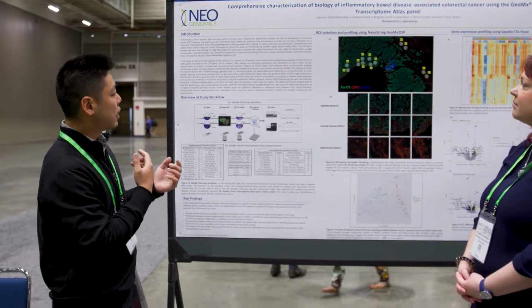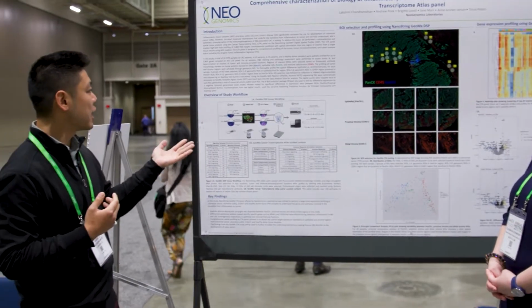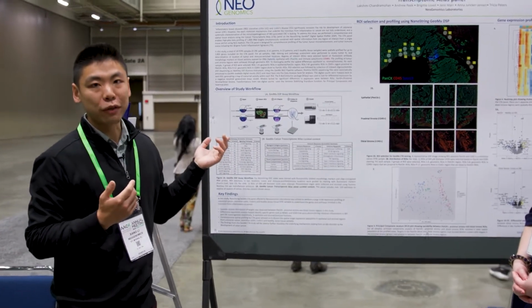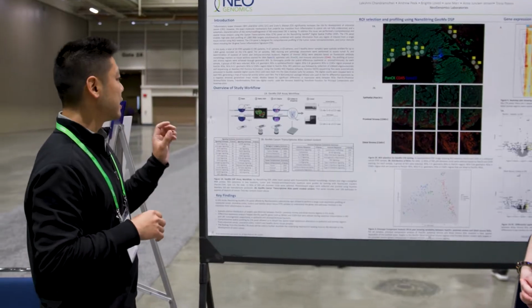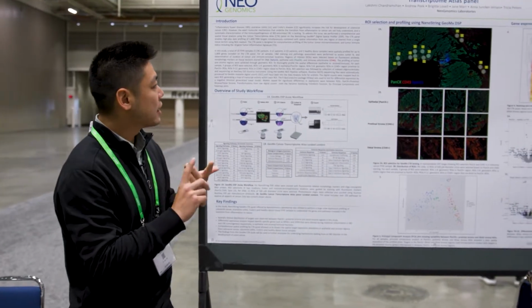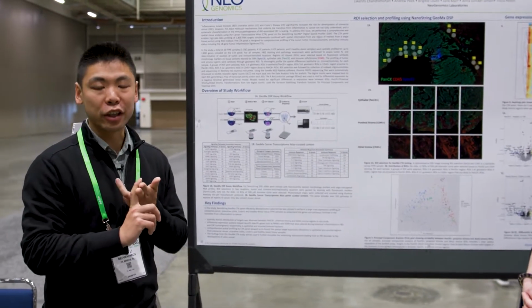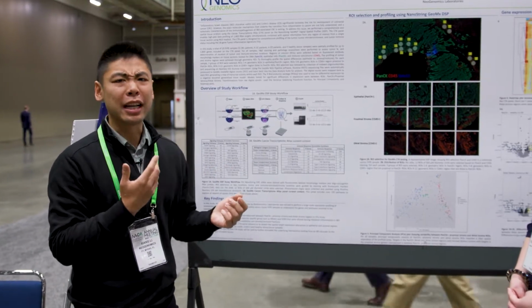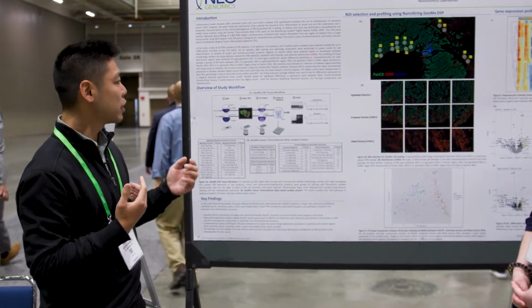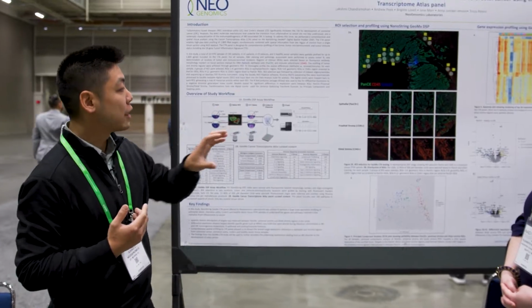And we basically ran it through the GeoMx DSP workflow, staining them with pan-CK, CD45, as well as CD13 IHC, traditional IHC and fluorescent antibody markers to identify which ROIs we wanted to select.